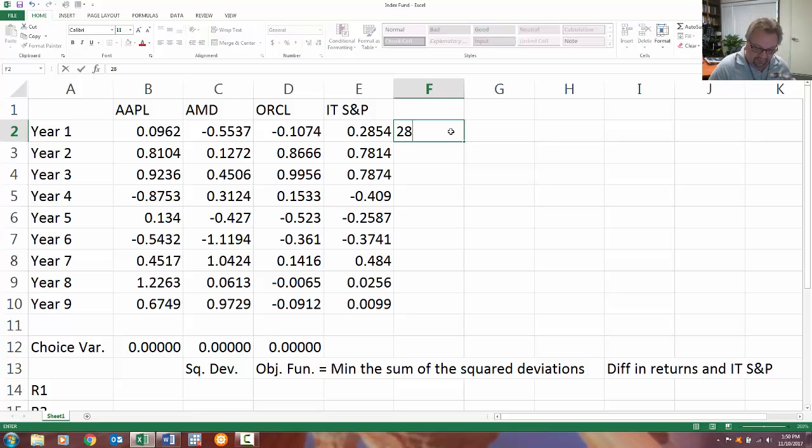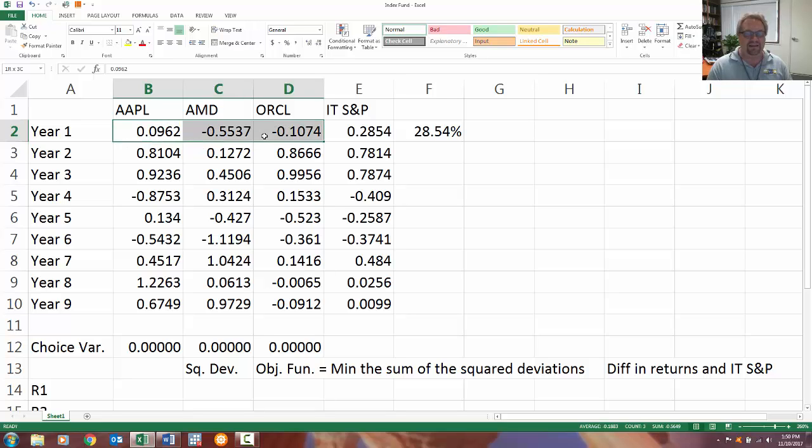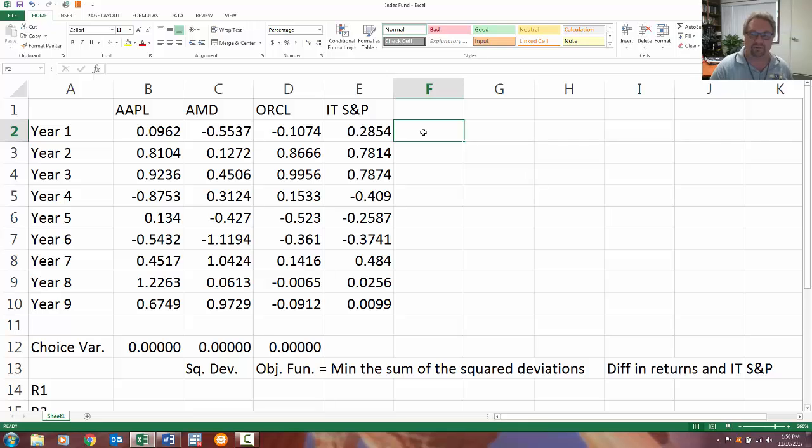So, like, if you look at your book, it's like 28.54%. But then they give you all of these returns in decimal form. So you cannot put in the IT S&P in percent form when all of these are in decimal form. So be careful with that. That tripped me up when I first did it.